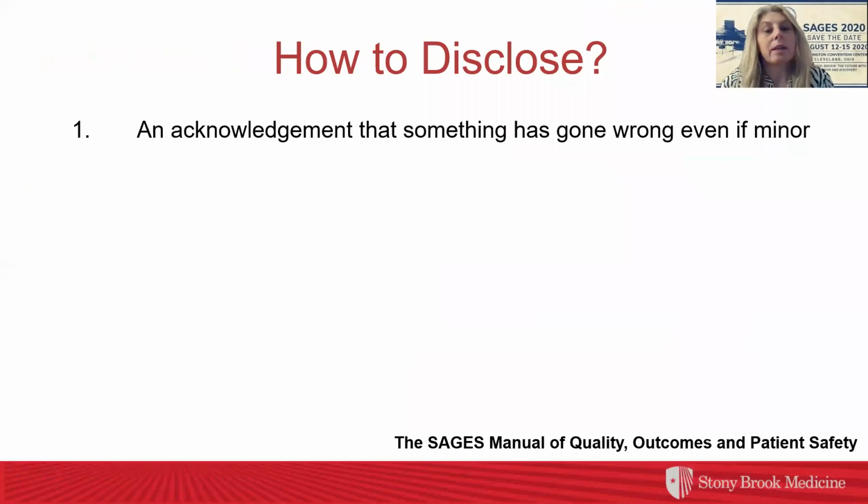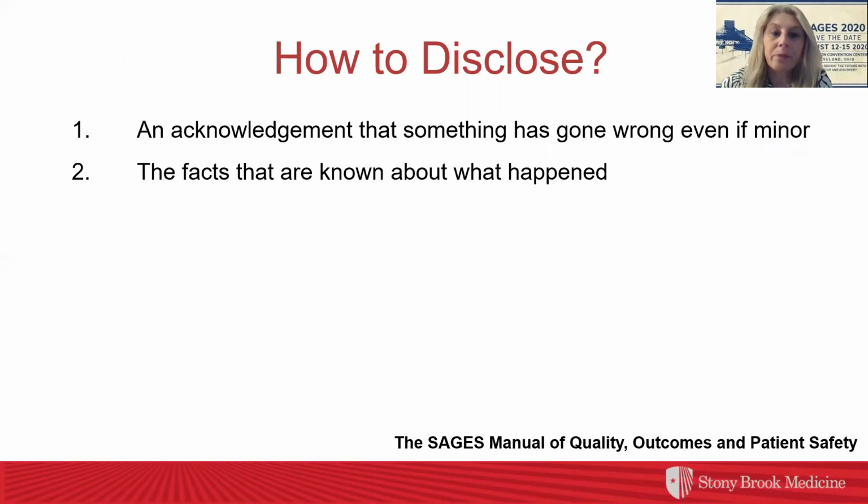When disclosing bad news or an adverse event to a patient, it is important to know what patients want to hear. And they want to hear an acknowledgement that something has gone wrong, even if it's minor, because it may not be minor to them. And an understanding of the recommended next steps in clinical care is very important.